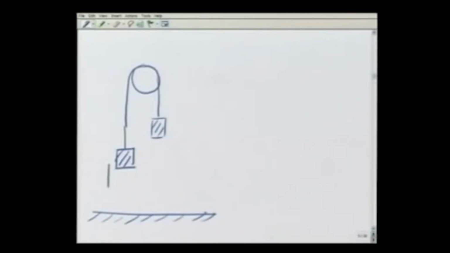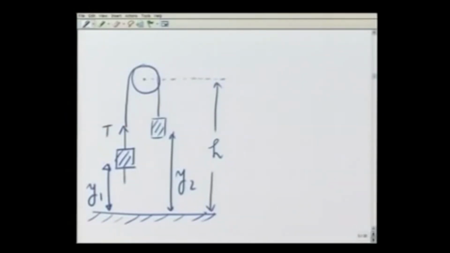Let the distance of mass m1 be y1 from here. Let the distance of mass m2 be y2 from here. Let the center of this fixed pulley be at height h from the ground. And now I can write, this is tension T pulling it up, m1g pulling it down, tension T pulling it up, m2g pulling it down.